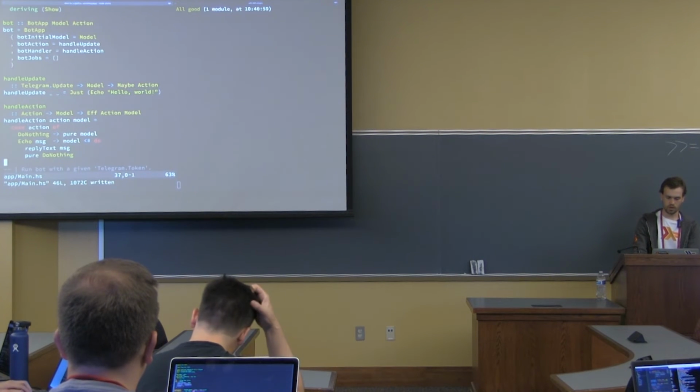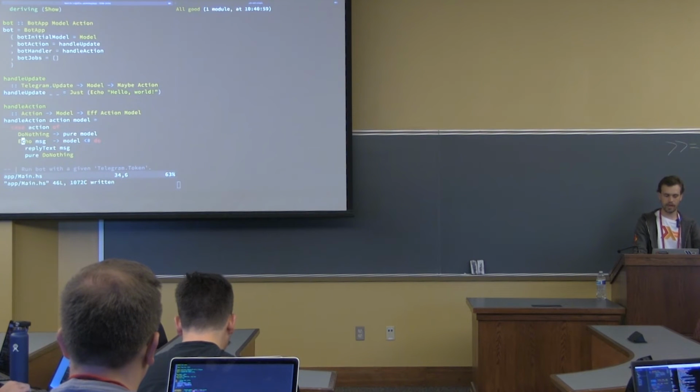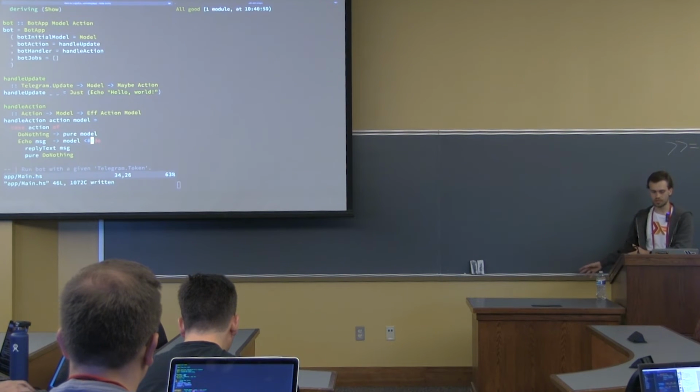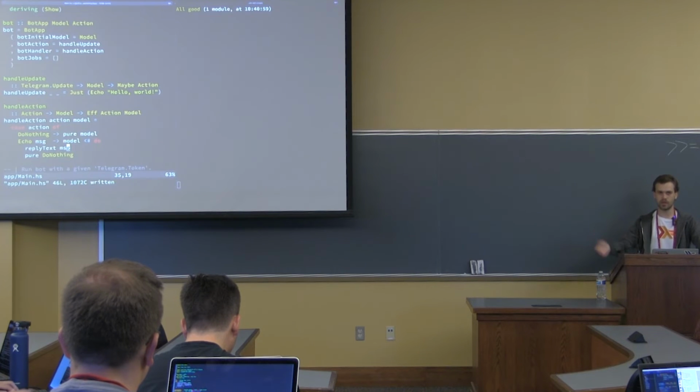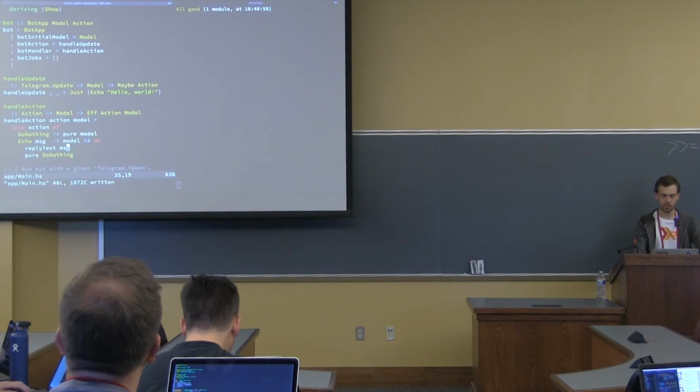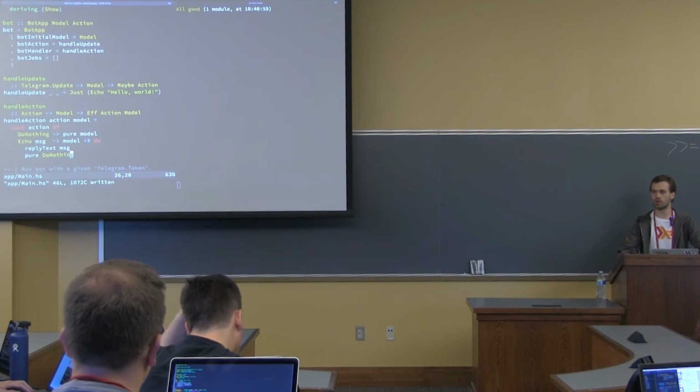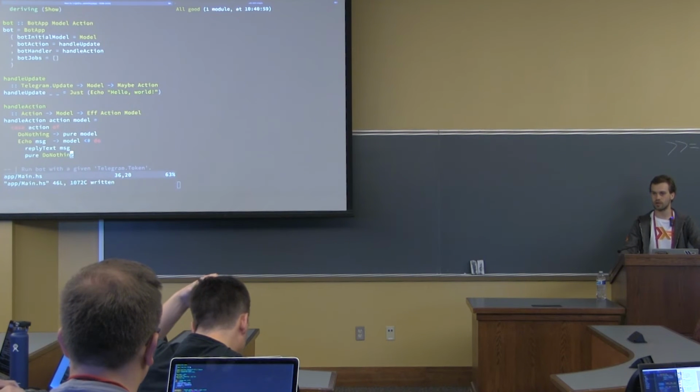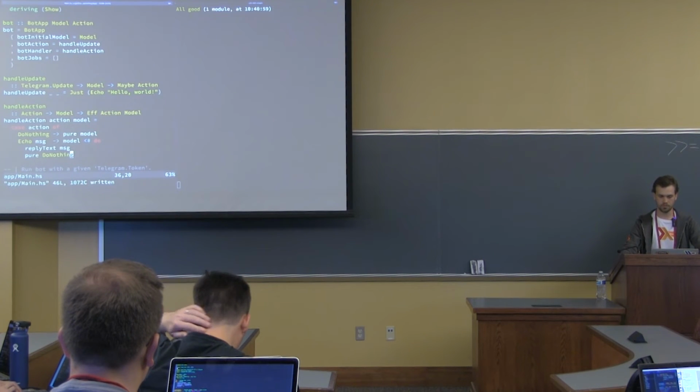So again, when we are processing the echo action, we leave the model the same, and separately we perform this action to reply with this text message, and we tell our Telegram bot to do nothing afterwards. Okay.